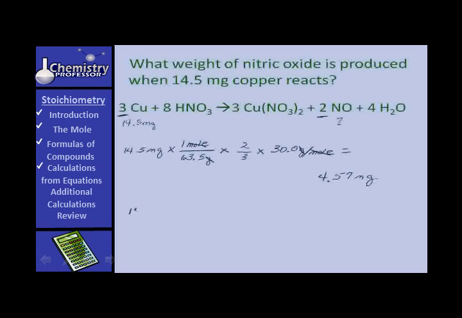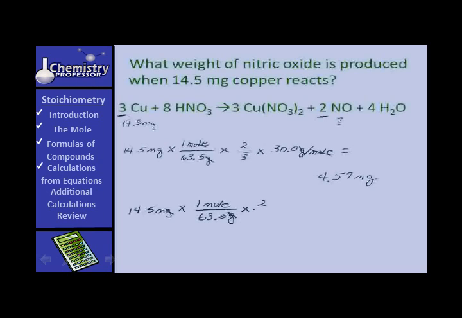We have 14.5 milligrams times 1 mole over 63.5 grams. I like to stop at this point and cancel my units as a rule. These grams here are going to cancel these grams here and leave me with an expression called millimoles. But don't let that disturb you.